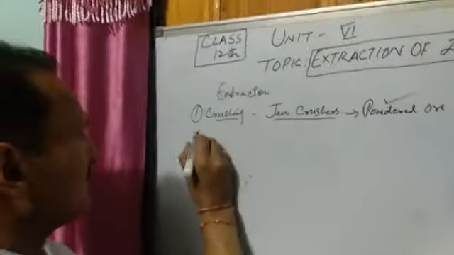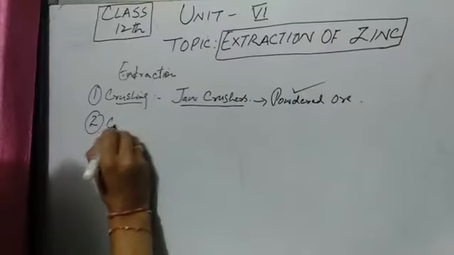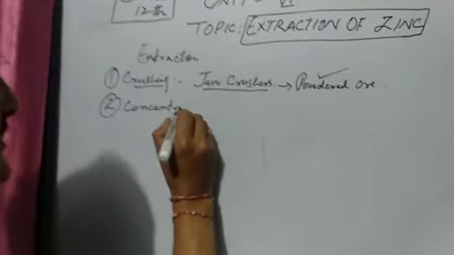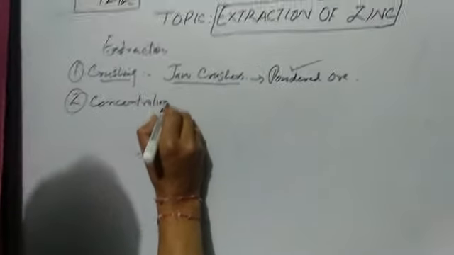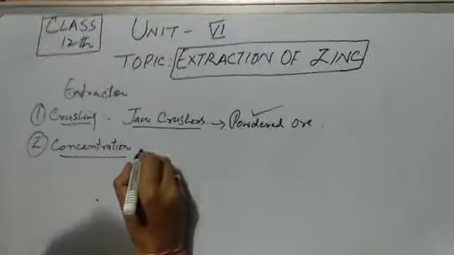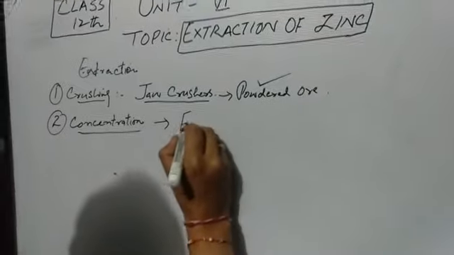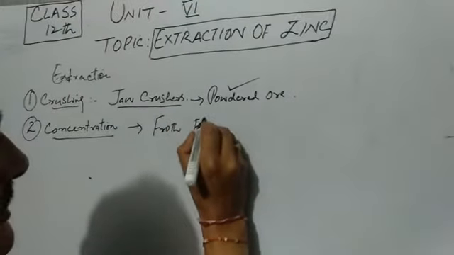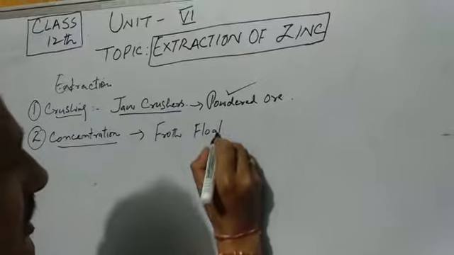Then the second step is concentration. As far as sulfide ores are concerned, you must remember that all sulfide ores are concentrated by a method known as froth flotation process.